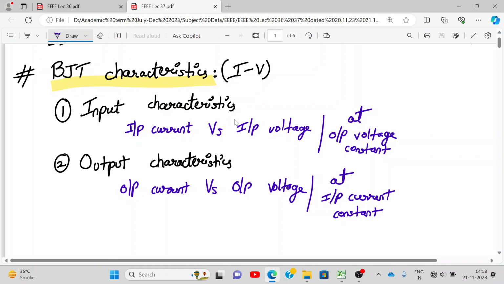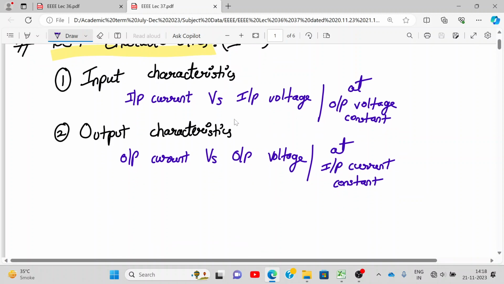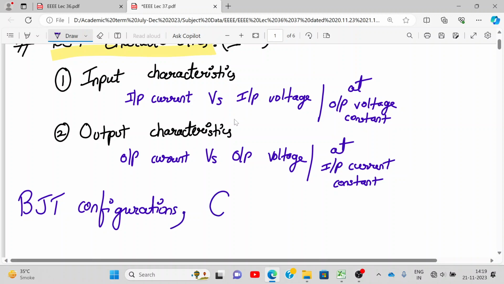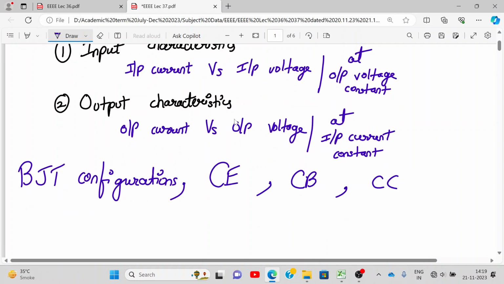So BJT has two types of characteristics, input and output. Now, how many configurations do we have for the BJT? Yesterday we talked about the configurations. So what are the BJT configurations? Tell me. There are three configurations: common emitter, common base and common collector. So each of them will have input characteristics and output characteristics.